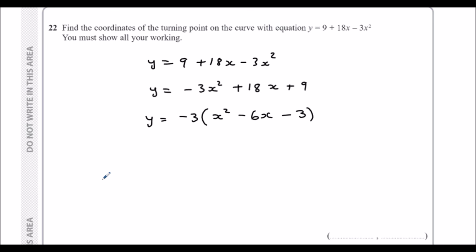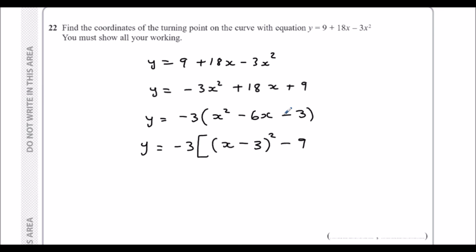So now I can complete the square on the bit inside the bracket. I'm keeping the minus 3 outside. I'm going to write a big bracket, and then I'm going to complete the square. So to complete the square, we halve the middle number, the b number, which is negative 6. Half of negative 6 is minus 3. So we've got x minus 3, that's going to be squared. And I'm going to take away 3 squared, which is 9.